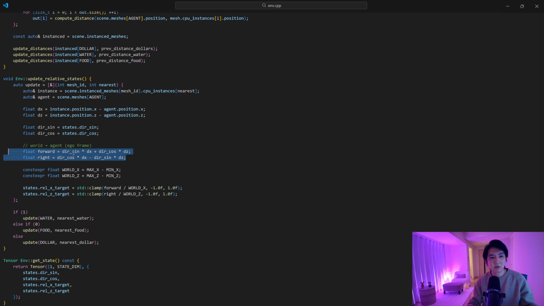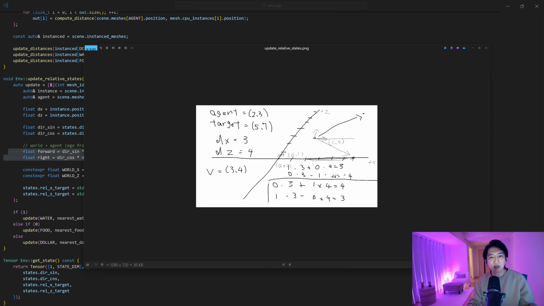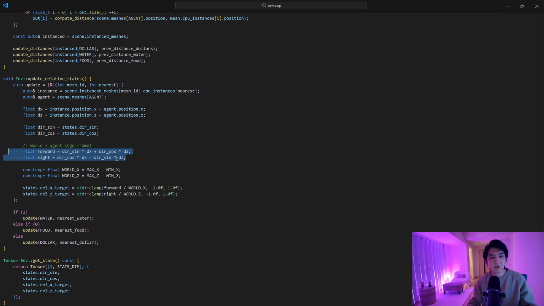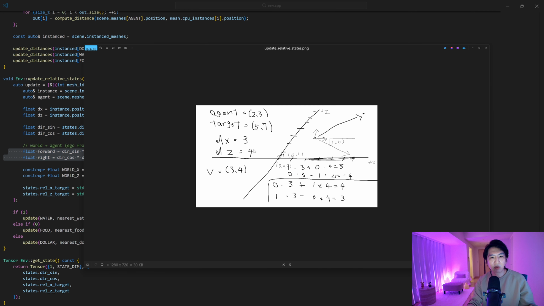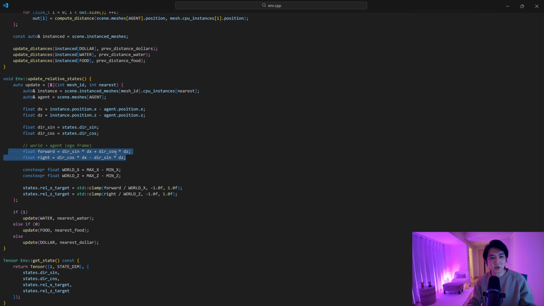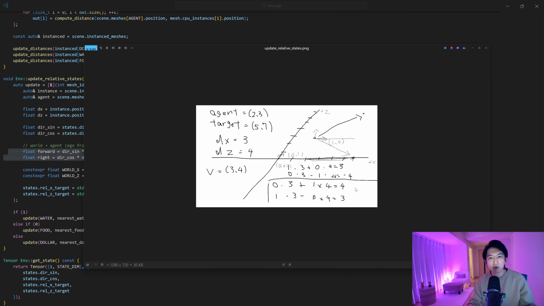So sine of 0 is 0, and dx is 3, plus cosine of 0 is 1, times dz is 4. So I'll get 4 for the forward vector, and I do the same thing for the right vector, and I'll get 3.